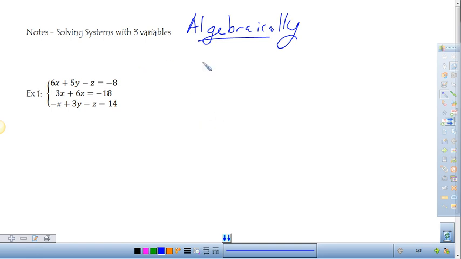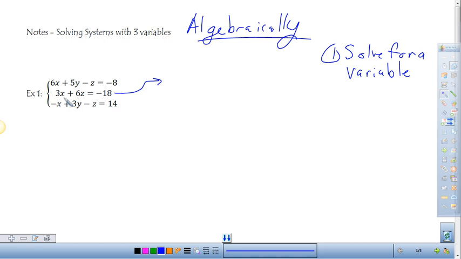What you need to do first is solve for a variable, preferably in one of these equations that only has two variables in it. So this guy right here, since it does not have a y value, we are going to solve for x or z.